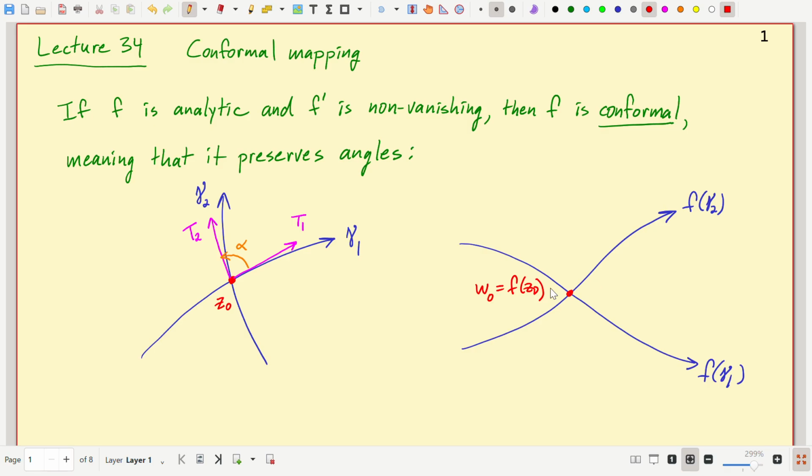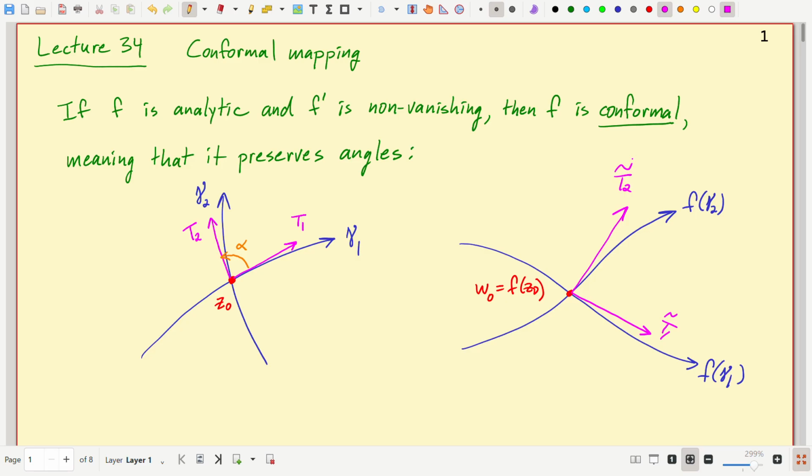Then if I look at where those curves go under F, so let's say gamma 1 goes to F of gamma 1, and gamma 2 goes to F of gamma 2, then I have tangent directions that would be T1, and this would be, I don't know, is that my T2 direction, roughly? I'll call these T1 twiddle and T2 twiddle.